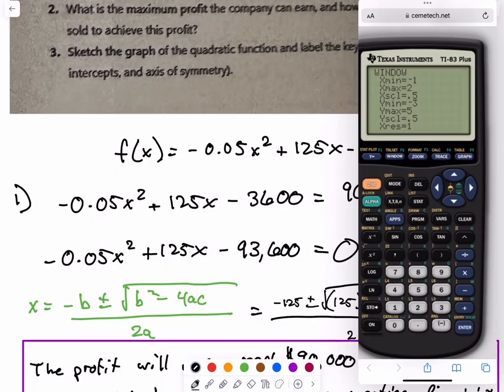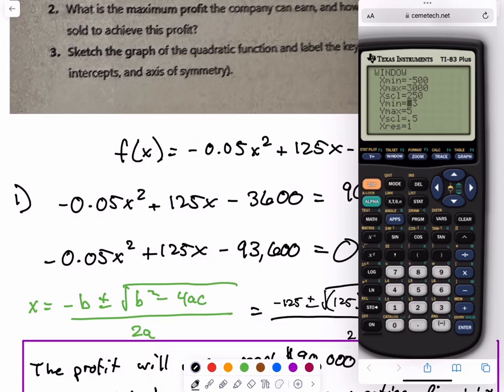Okay, so for the x minimum, let's go negative 500. The max on the x-axis, let's go like 3,000. The scale, let's go by 250.